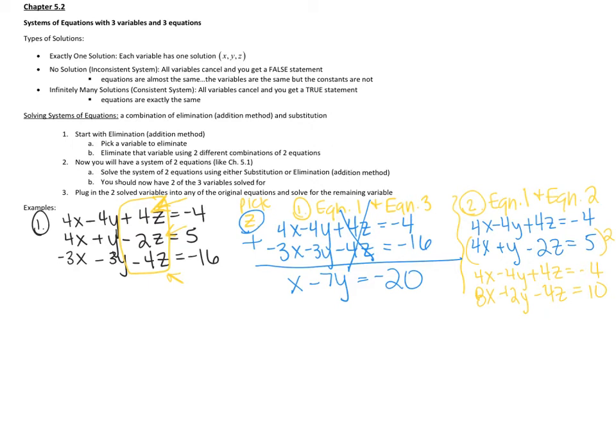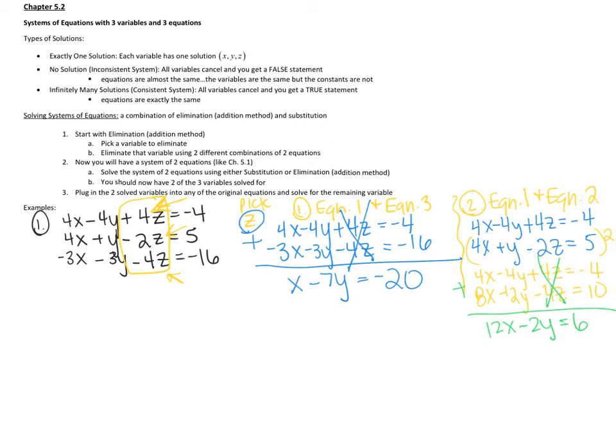So now I'm ready to eliminate. I'm ready to add them together and cancel. So let's add those first two. I get a 12x. Adding my next two, I get a negative 2x. My z's cancel off, equal to 6.